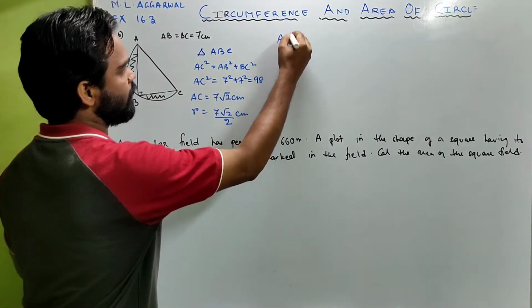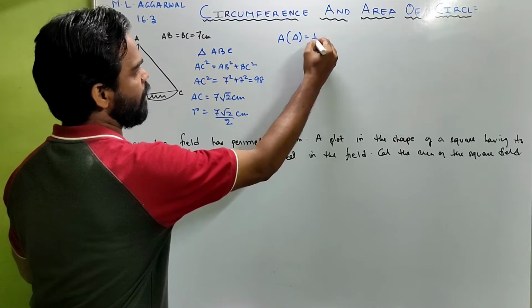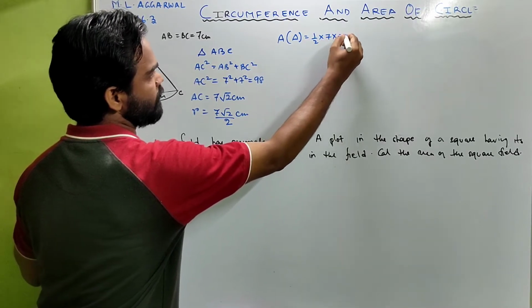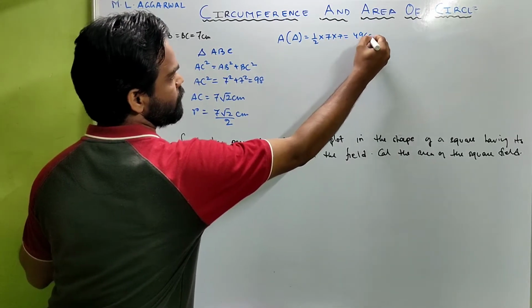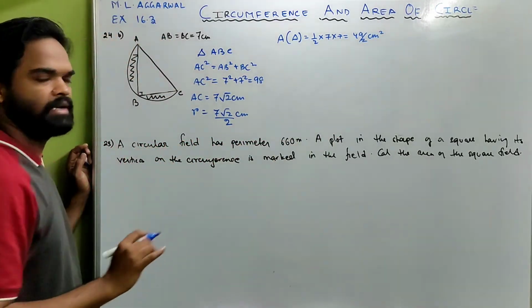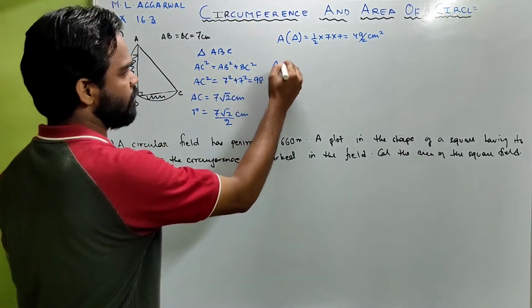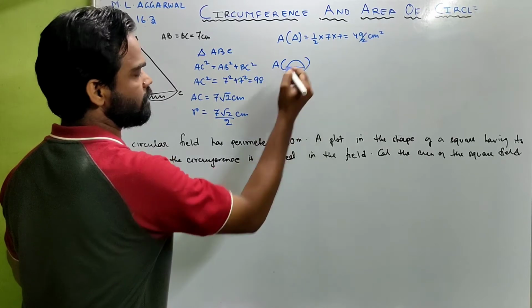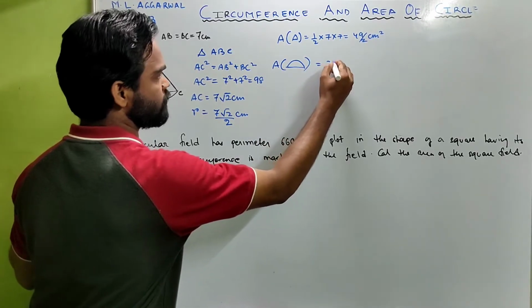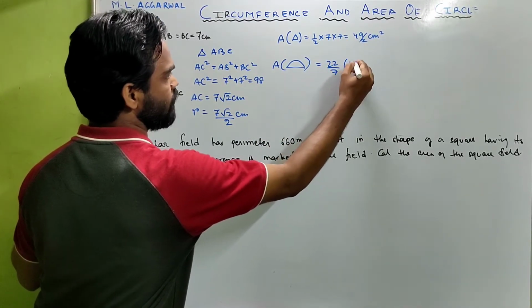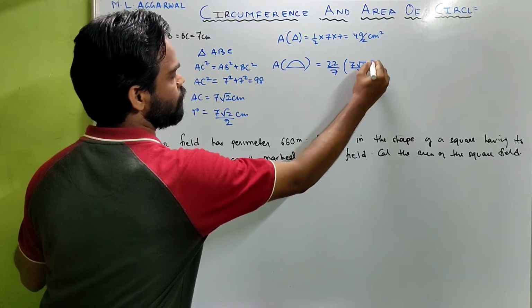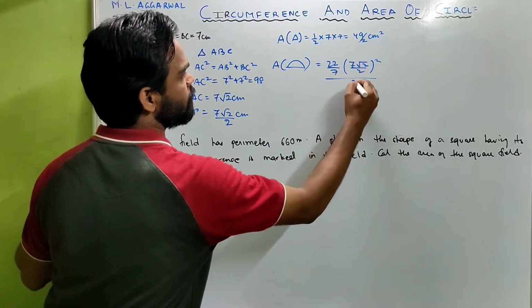Now look, area of the triangle will be half into base into height. That's 49 by 2 centimeter square. Leave it like that. And area of the semicircle will be pi r square by 2, which is 22 by 7 r square, where r is 7 root 2 by 2, whole square by 2, isn't it?